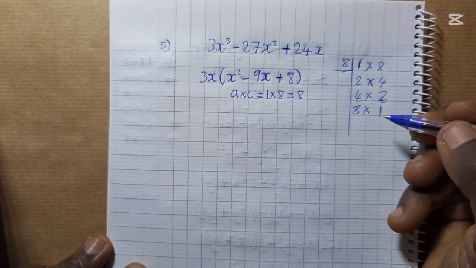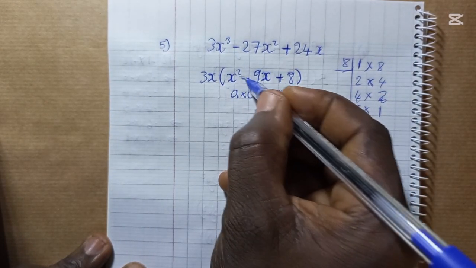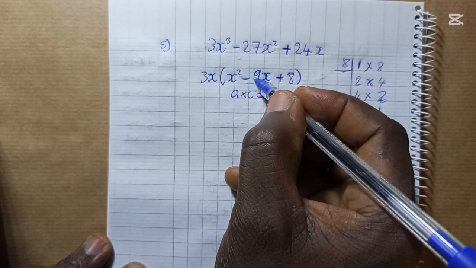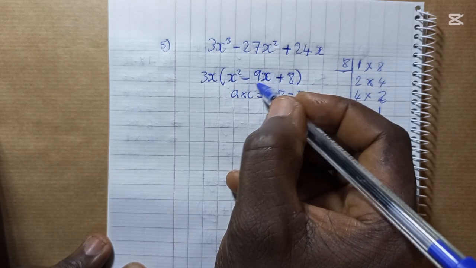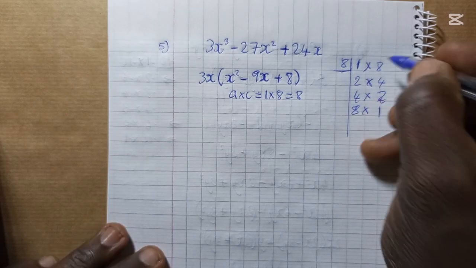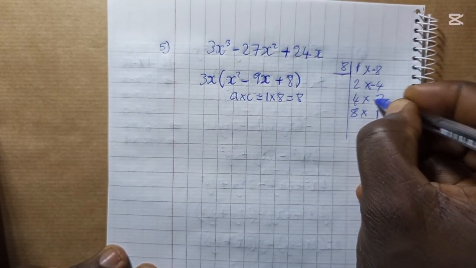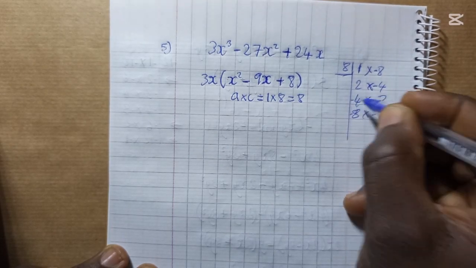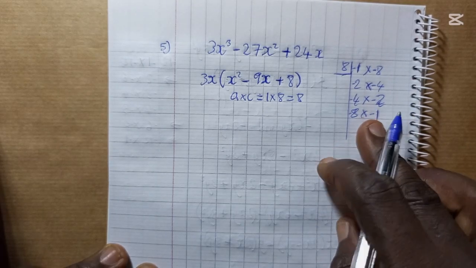In this particular quadratic expression, we have minus 9 here, which is the coefficient of x. Since the coefficient of x is negative, it means that the two numbers must be negative.